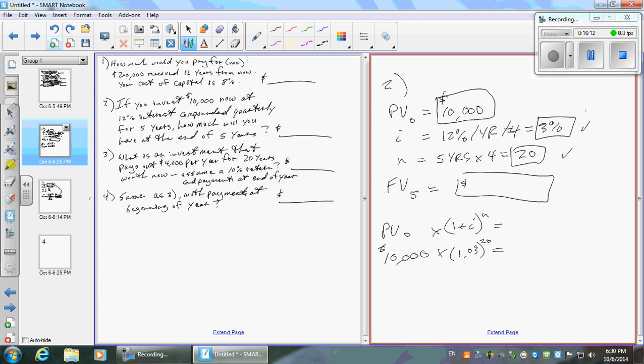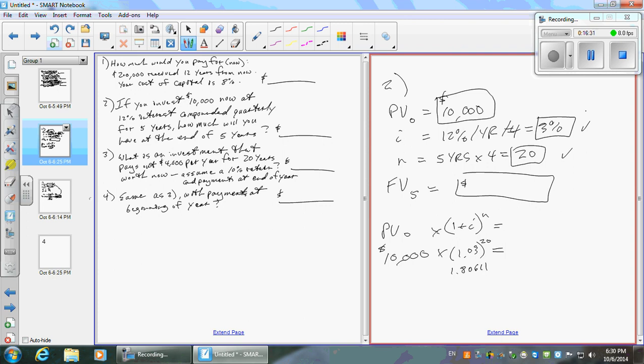So what page is that on? For 3%. 330? 335. Okay, on page 335, go to the 3% column, go down to 20 periods, and you will pick up what factor? What is it? 1.8061. What does that mean?